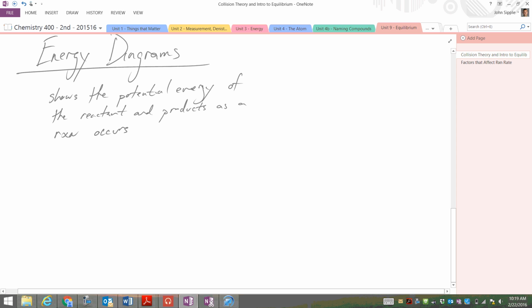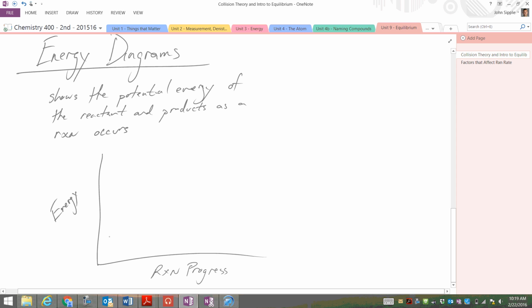When we draw these, on the y-axis we have energy, and on the x-axis we have reaction progress, how the reaction is occurring as it happens.